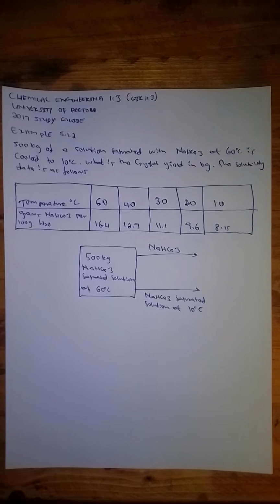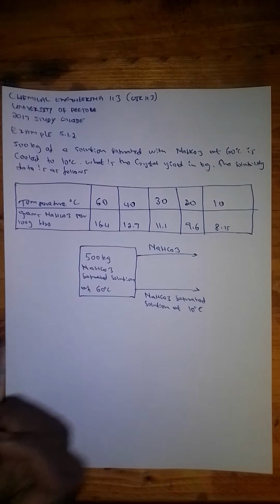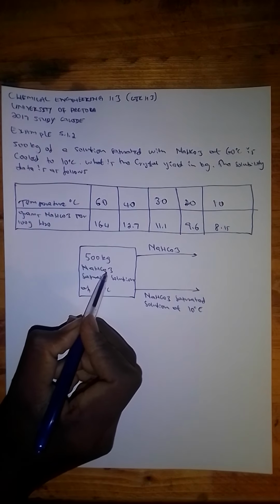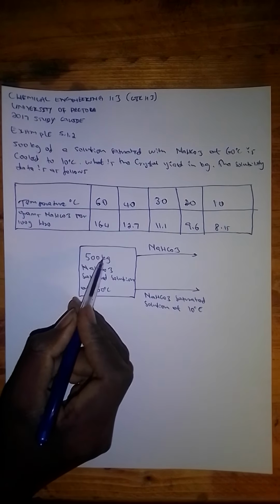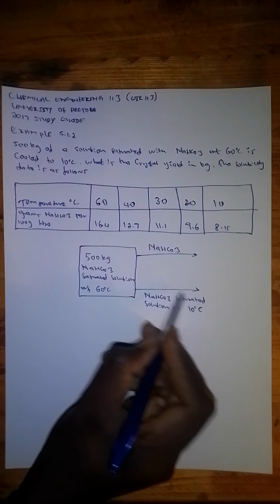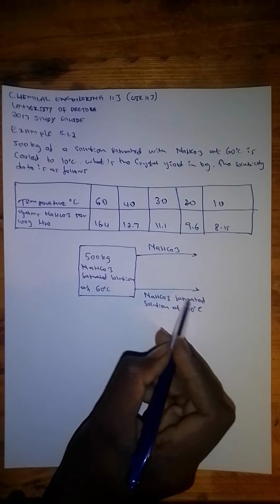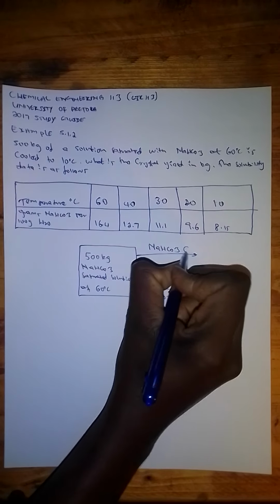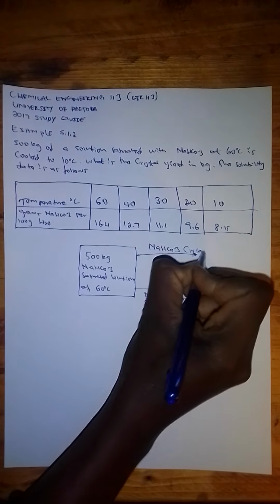What's basically happening is that there's 500 kilograms of a saturated solution of NaHCO3 in water, and this solution gets cooled to 10 degrees Celsius, and in cooling this, there will be NaHCO3 crystals.